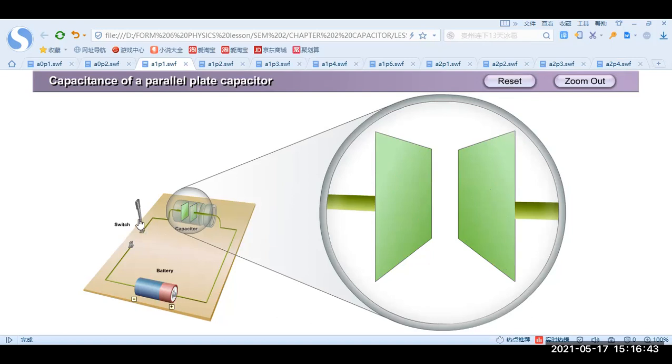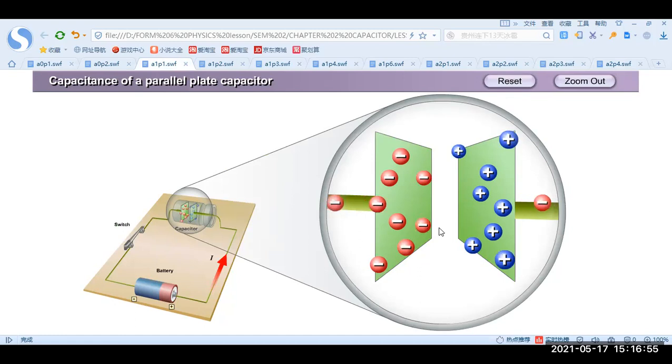Once we connect to the positive terminal and negative terminal, current flows during charging. Once both of the plates are fully charged, the current stops flowing. At this time, the capacitor is charged with positive and negative charge. Because there is a medium in between the two plates, there will be a potential difference.